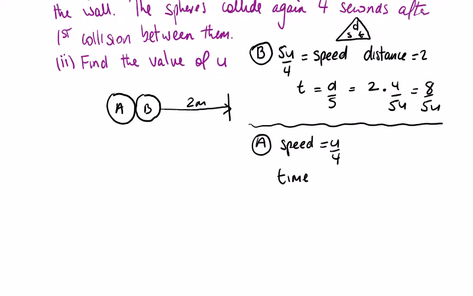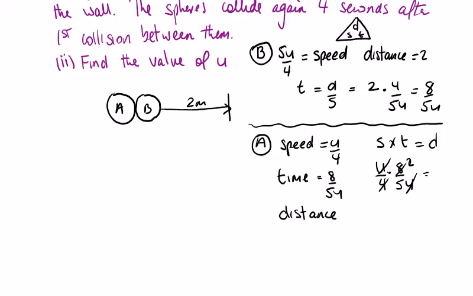So we need the distance that it travels. Okay, distance is speed by time. So we have u over 4 times 8 over 5u. So we can see here the u's will cancel, and we're going to get 8 into 4 goes twice. So 2 over 5. So that'll be 40 centimeters. 2 over 5. So now they're going to be 1.6 meters away.